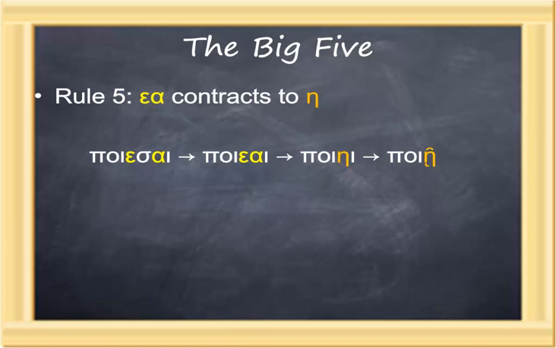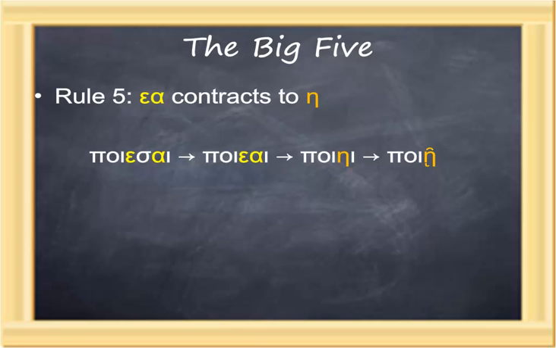The last of the big 5 rules is the reverse of the previous one. Here the sequence is epsilon alpha. If that sequence occurs, it contracts to eta. Now, the only example we can show you of this occurring involves a personal ending from the primary middle passive set. That personal ending is psi.